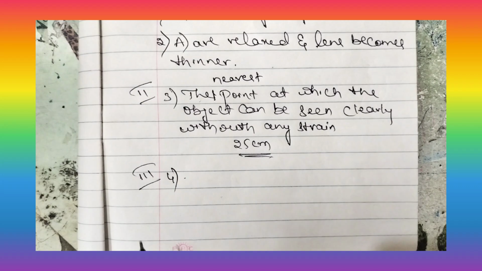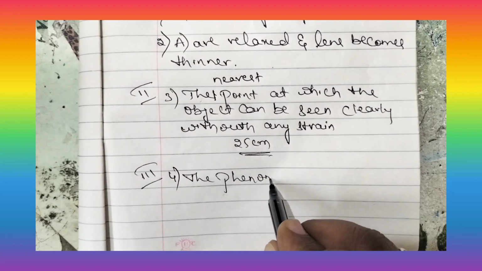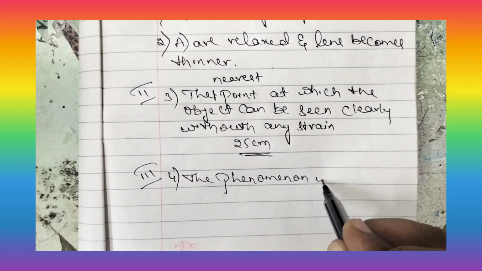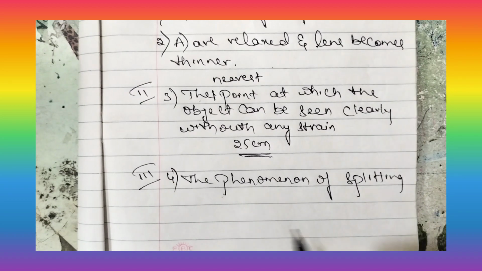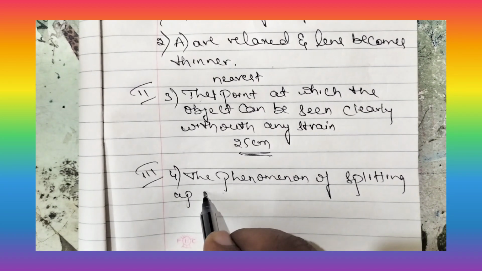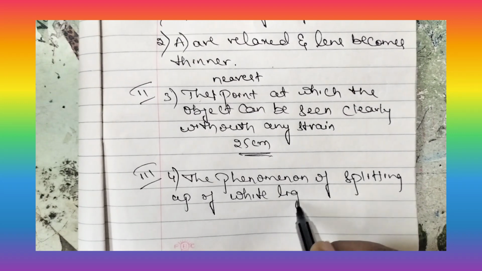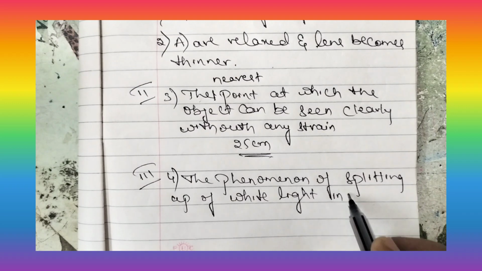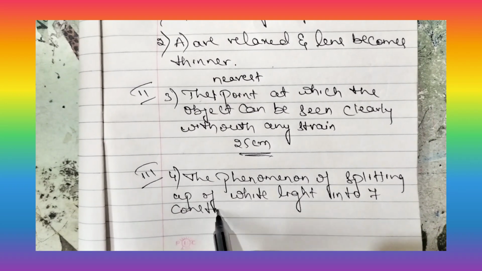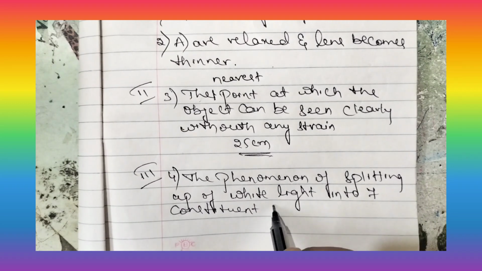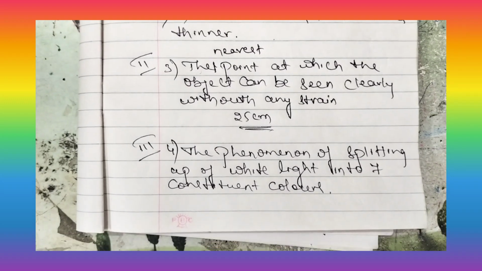The phenomenon of splitting up of white light into 7 constituent colors is called dispersion.